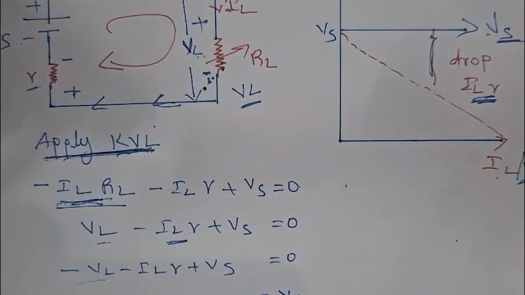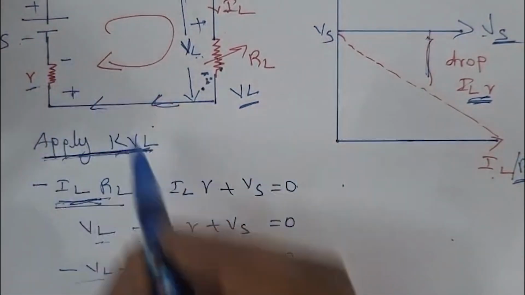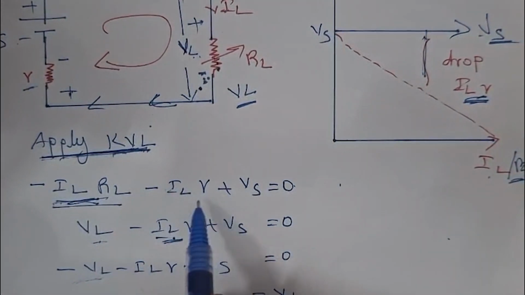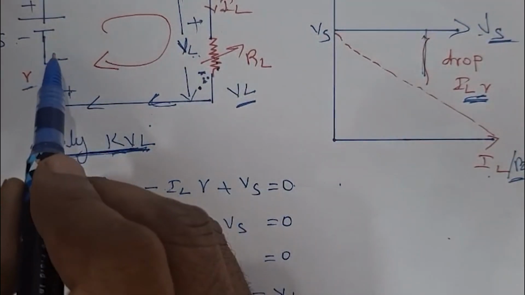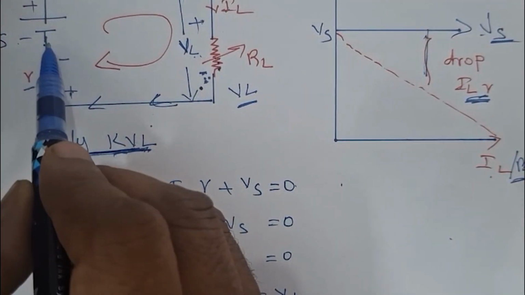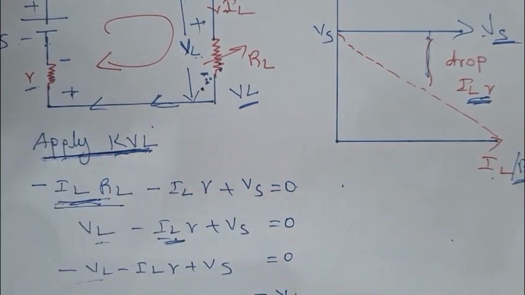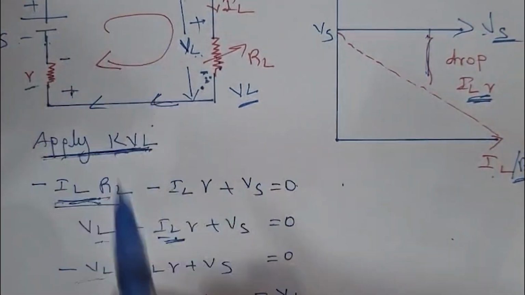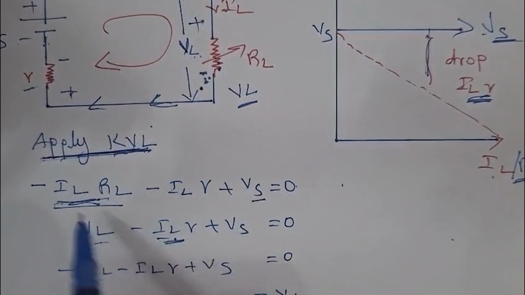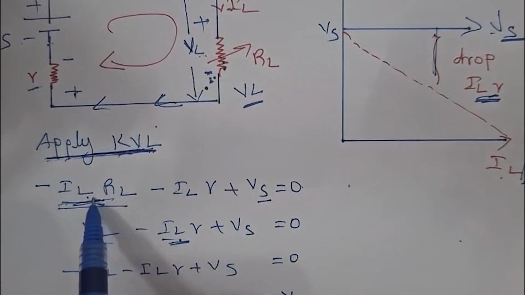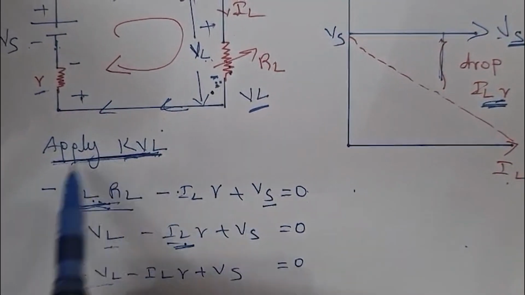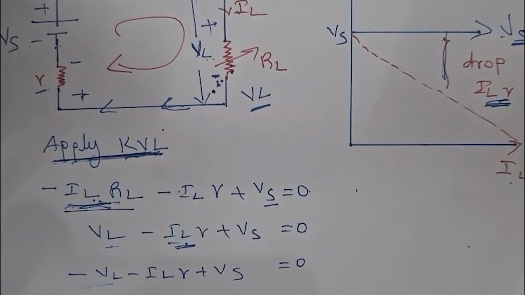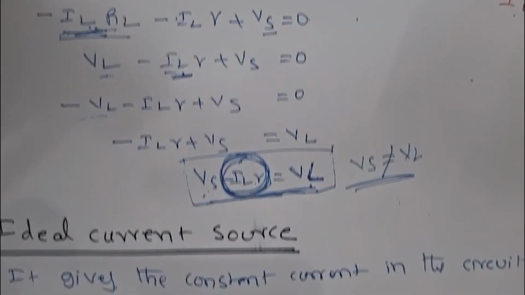So when you are moving from higher potential to lower potential, you have to take the minus sign. So minus ILRL and plus Vs. This is lower potential to higher potential, so negative to positive. You should remember this sign. So this is a plus. These are voltage drops 1, 2. This is a voltage source. All is equal to 0. So this is the Kirchhoff voltage law.